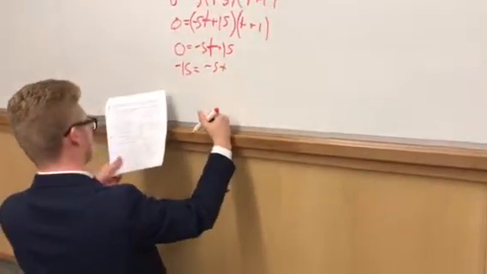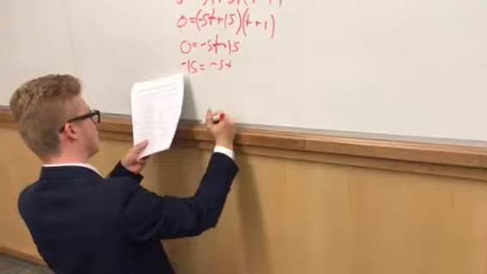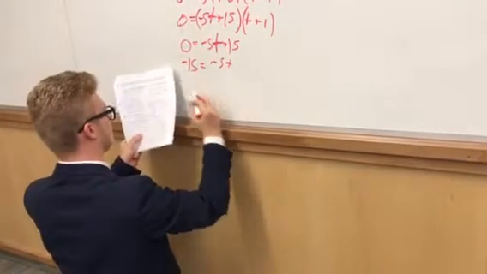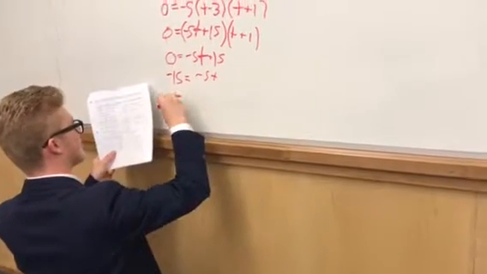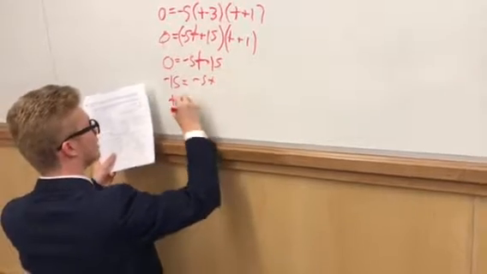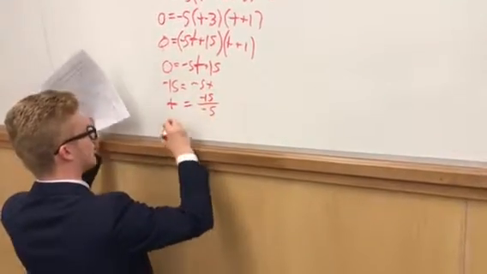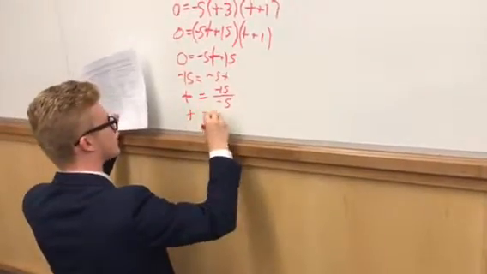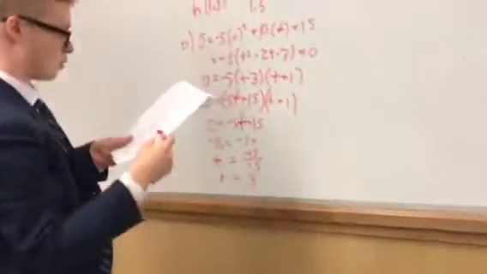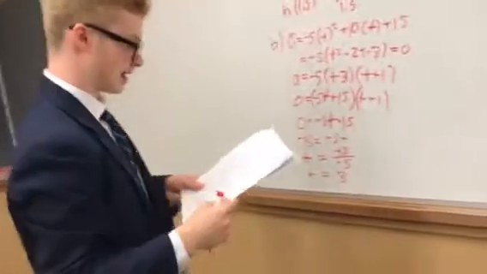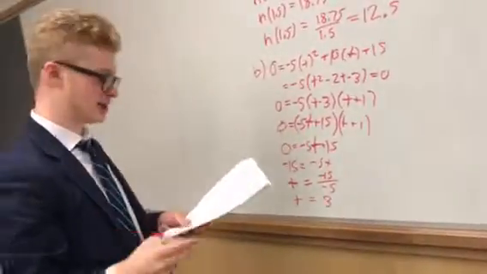And then you're going to want to isolate for the t. So you're going to want to divide that, so you're going to have t on the outside. And then you're going to do equals negative 15 divided by negative 5. And then this is where you get t equals 3. And so when the ball hits the ground, it'll be 3 seconds away from when he initially threw it.